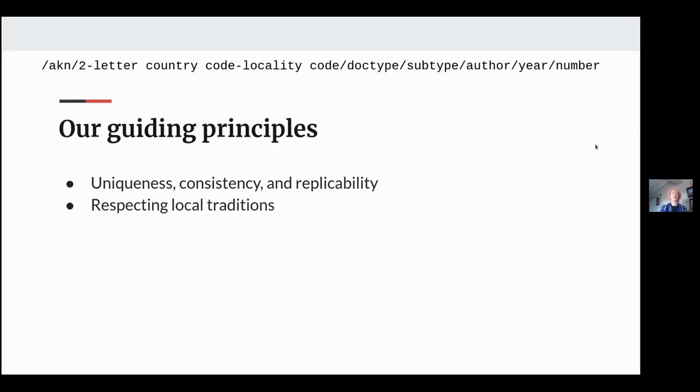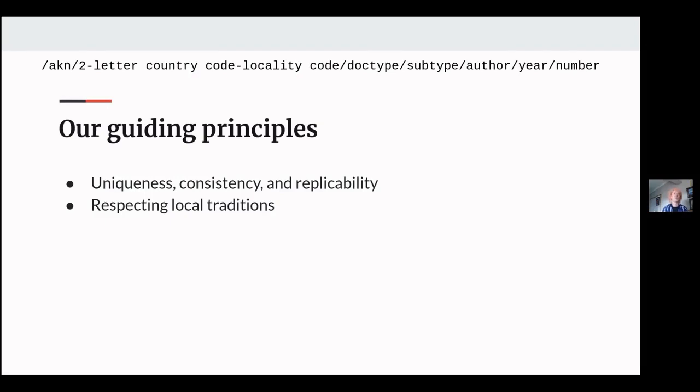Before I dive in, our guiding principles in writing the recommendation and in general as we apply AKN are obviously the uniqueness, consistency, and replicability requirements of the naming convention to make it work. I won't go over why those are important. I think we're all on the same page there.